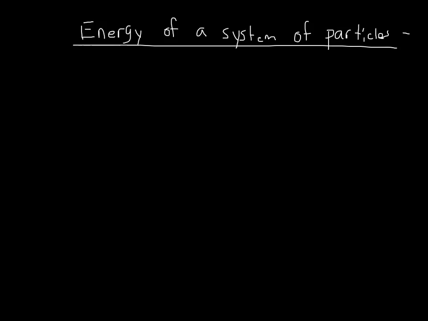Now the final thing to discuss is how do we find the total energy of a system of particles. Energy, if we remember, is equal to kinetic plus potential, the two forms of energy that we've talked about. We already know how to find the potential energy of a system of particles. We took care of that previously. How do we find the kinetic energy?